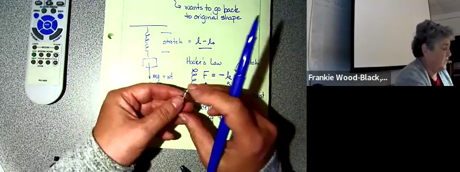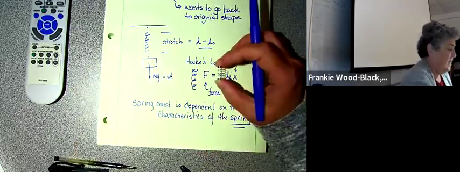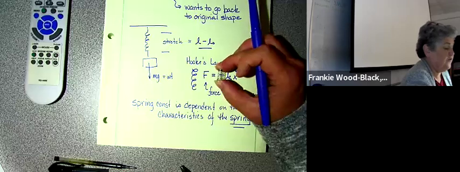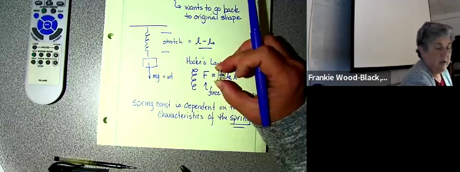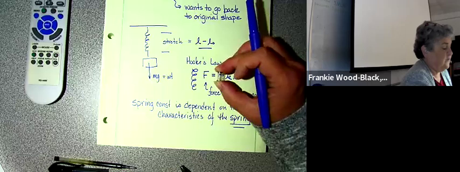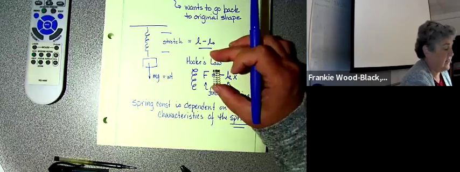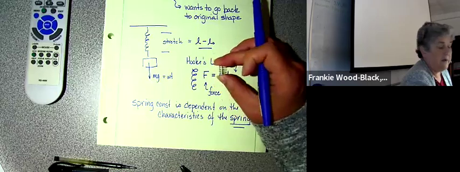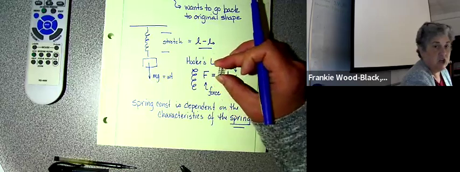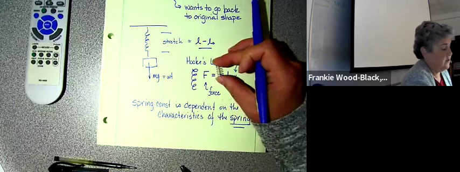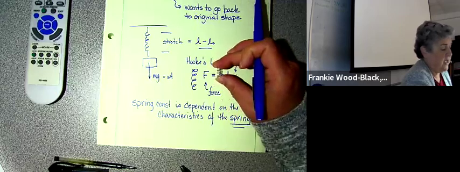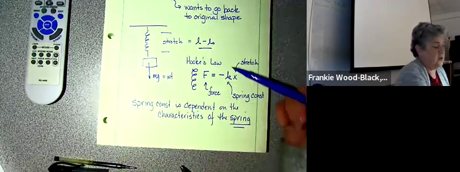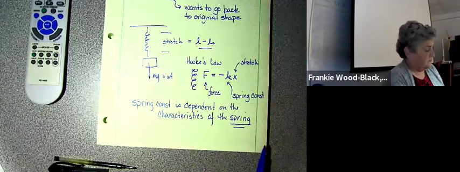But when we look at this, if I play with a spring and compress that spring, we can actually feel that I have to apply a force in order for that spring to be there. But as soon as I let go, it's going to want to return to its original shape. So we know there's a force at play, and that is a restoring force associated with a spring.